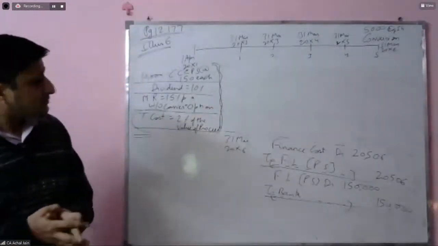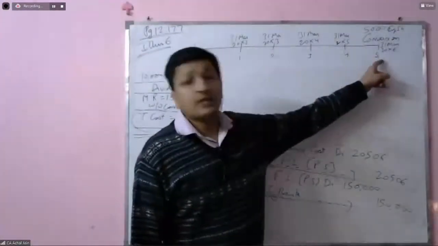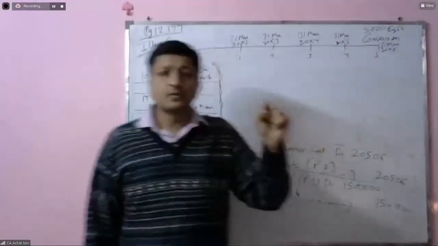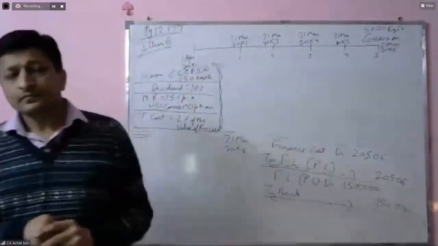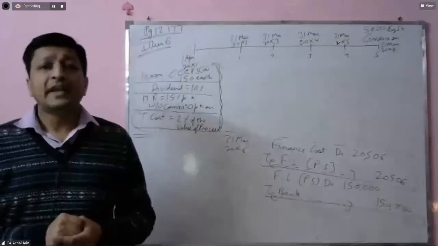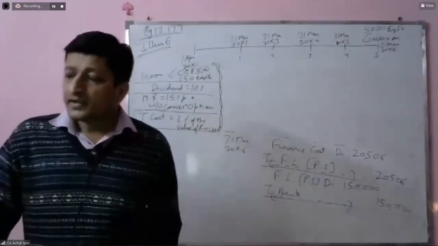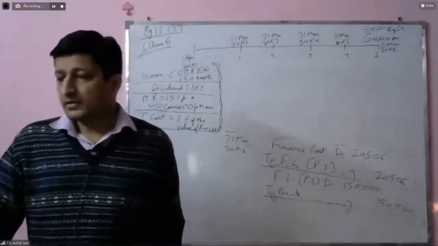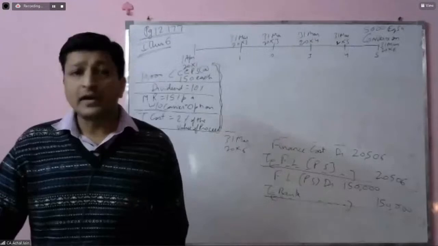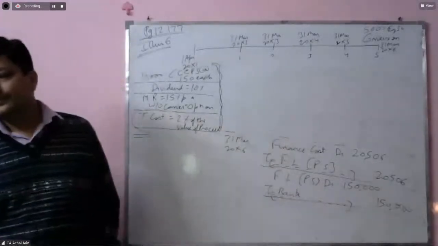So with this, what we have done is, till this year end 5, we have repaid the dividend, but we are left with a liability which is not yet paid and which is then required to be converted into equity.